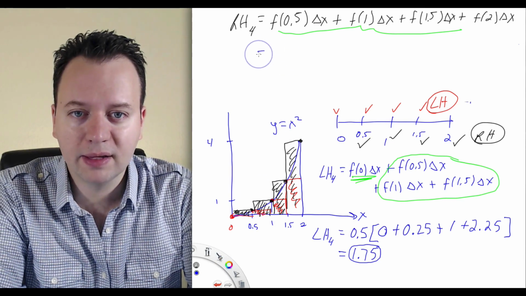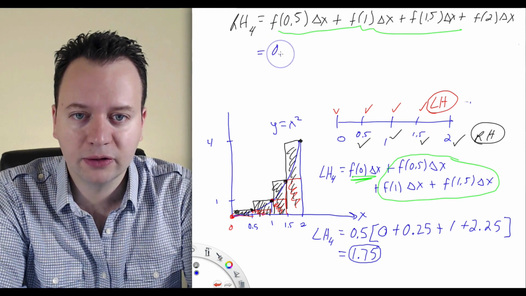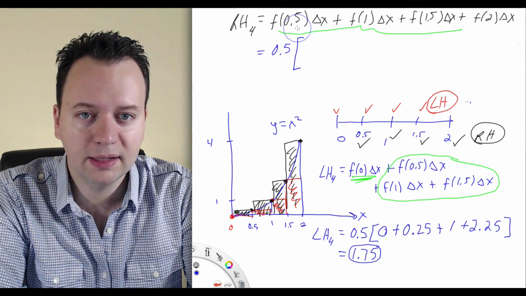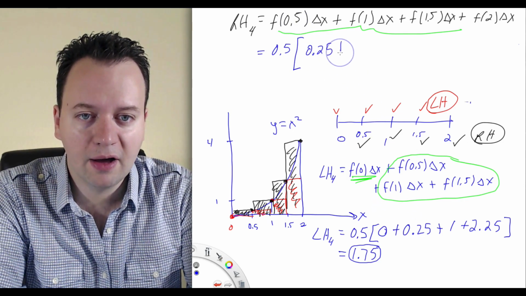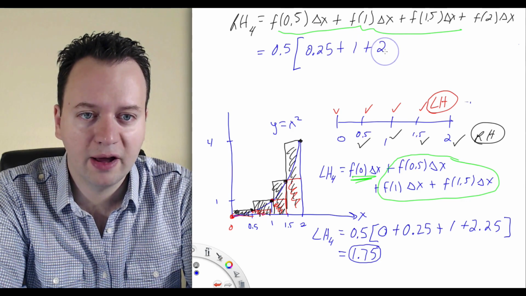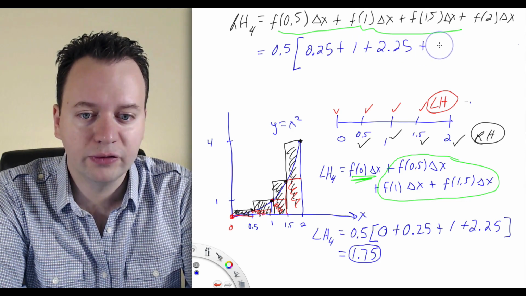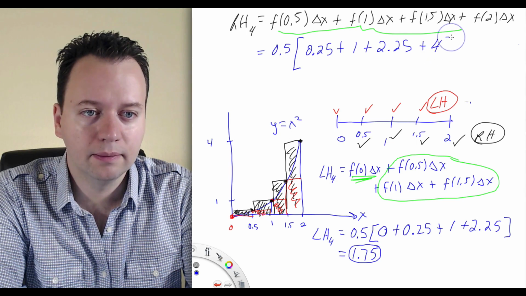So the right-hand Riemann sum is going to equal delta x, which is 0.5, and then times the quantity. Well, f of 0.5 was 0.25, f of 1 was 1, f of 1.5 was 2.25, and f of 2 is 4.